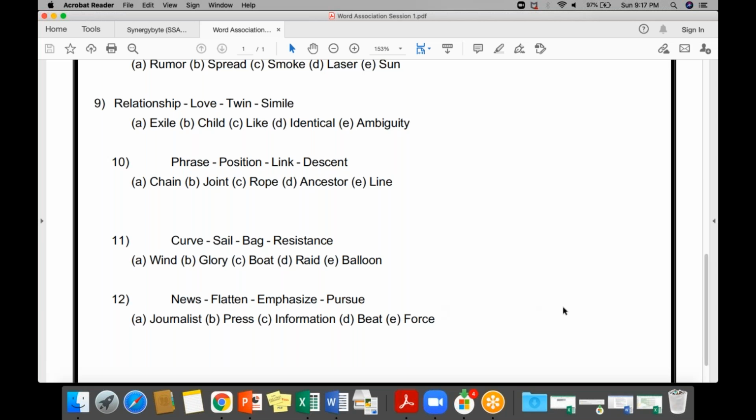Journalist, press, information, beat, and force. How is press related to pursue?